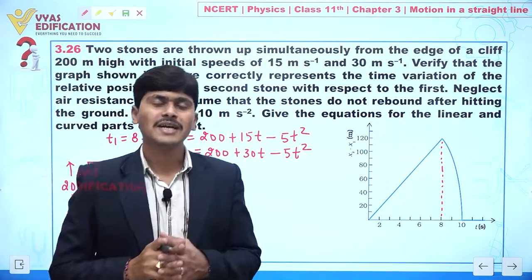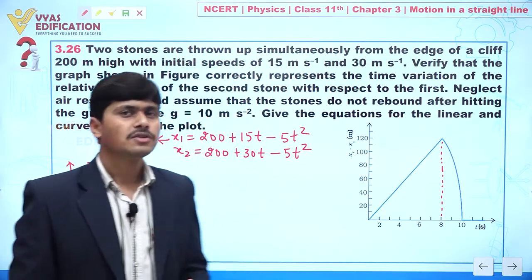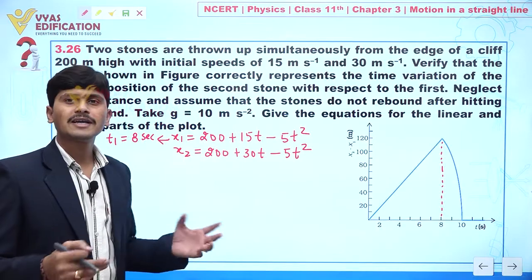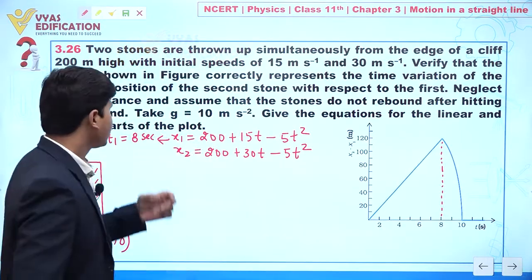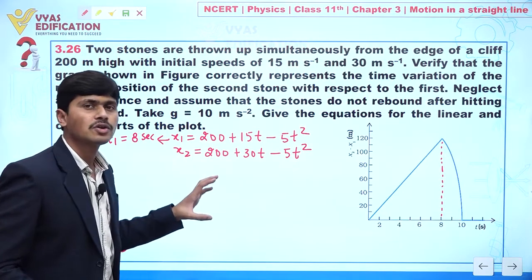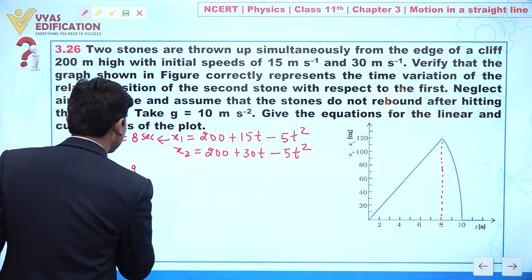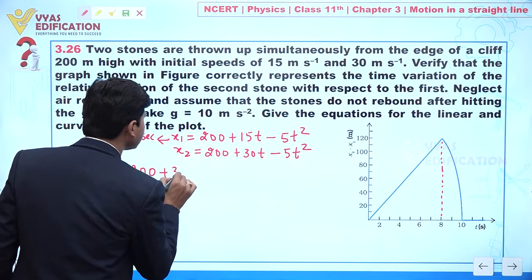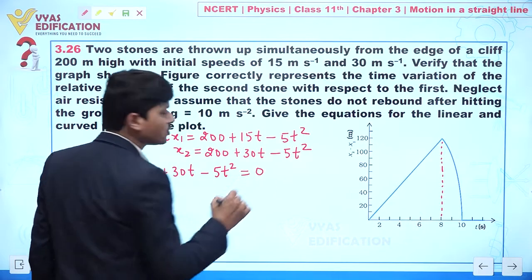Now let us try to find which stone will come to rest first. Clear? So we can assume it is particle or stone, but if we talk about stone, let us try to find the time in which stone number 2 is coming to the ground. Clear? So we can write like this: 200 plus 30t minus 5t square, this should be equal to 0.